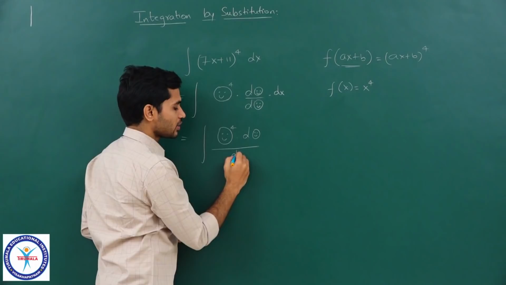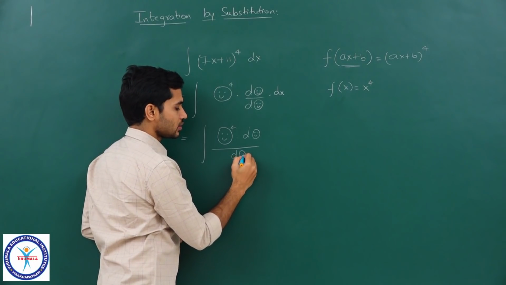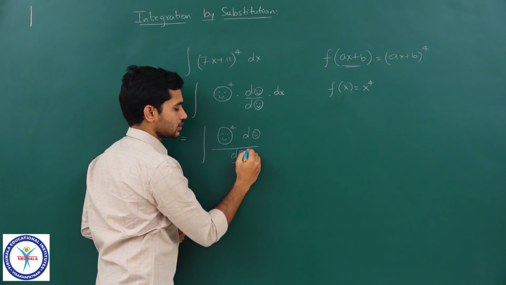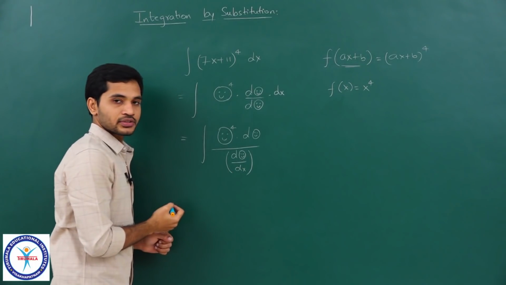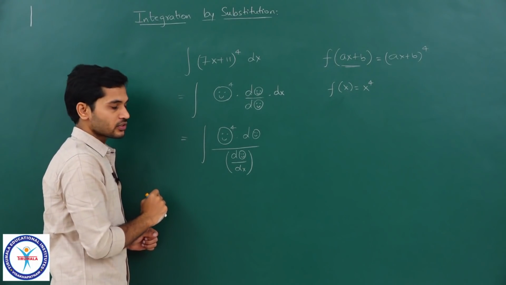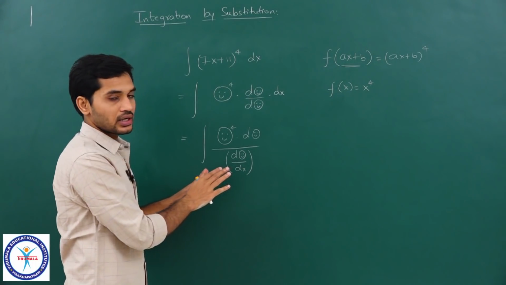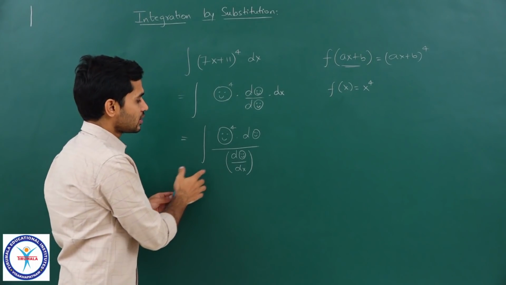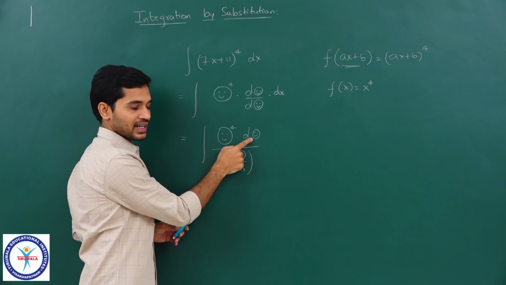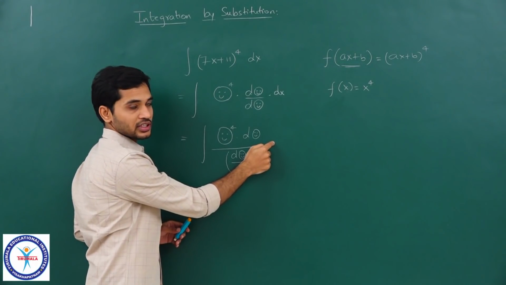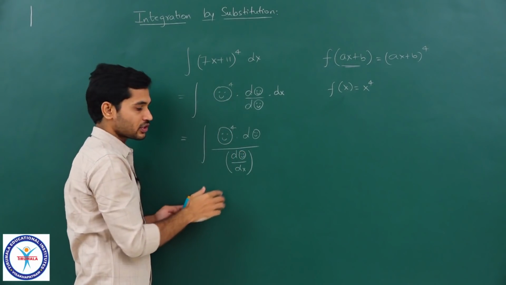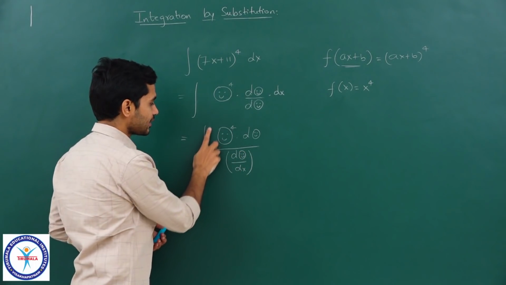So, this will eventually become d Smiley by dx. Clear, students? This is the expression which we will be getting. Please observe carefully, we have not done anything extra here. Here d Smiley and d Smiley will get cancelled out and dx will be in the numerator, so we will be getting back the same function. I have just rearranged it in a slightly better form.